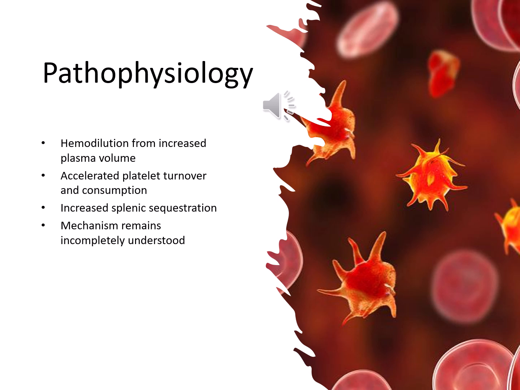Although the exact mechanism remains unclear, several physiological changes of pregnancy contribute to its development. These include increased plasma volume resulting in hemodilution, accelerated platelet turnover, increased platelet activation, and enhanced splenic sequestration.